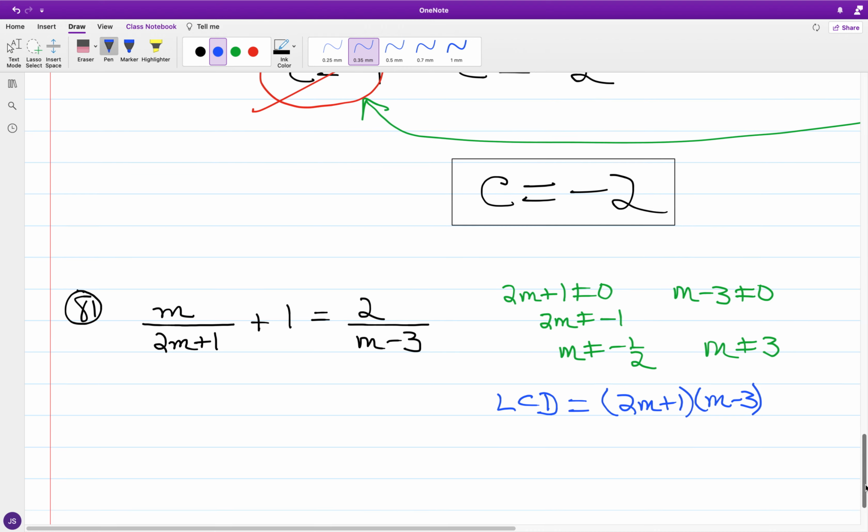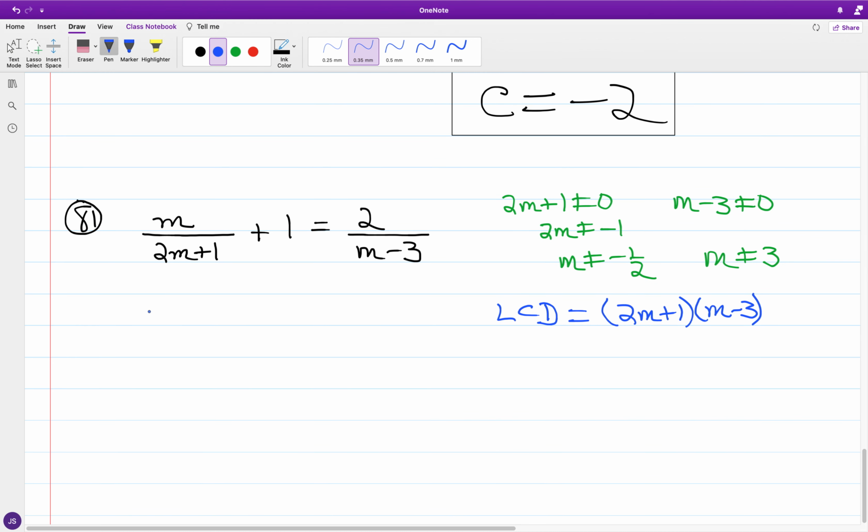Alright, so if we clear out the denominators, multiplying all the terms by the LCD, we're also going to have a cancellation of 2m plus 1, and then just multiplying 1 by the least common denominator.